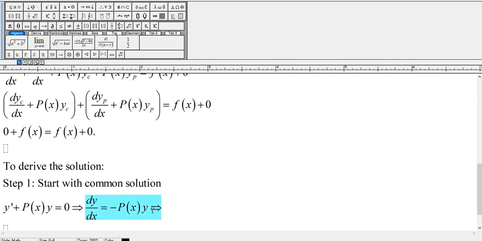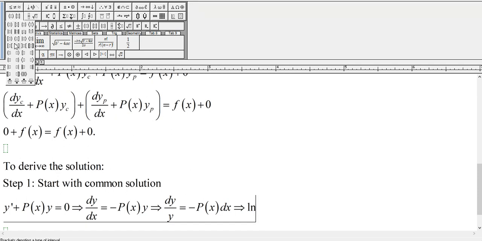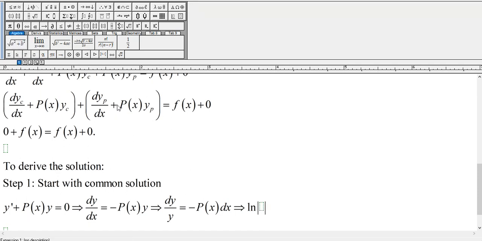So this is going to be dy over y, and I'm going to move the dx over here. And you see what I have. So now I can integrate it, right? I'm going to get the natural log of y, the absolute value of y technically, equal to, and I have no idea what this is, but whatever it is, it's that integral. It depends what the function is.